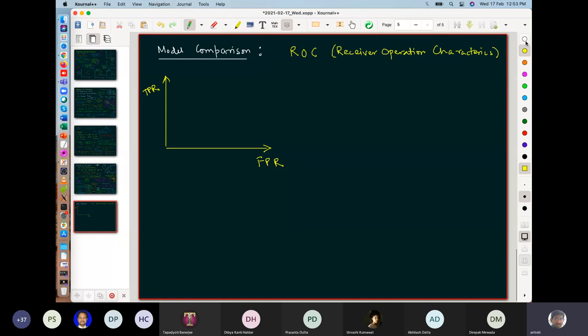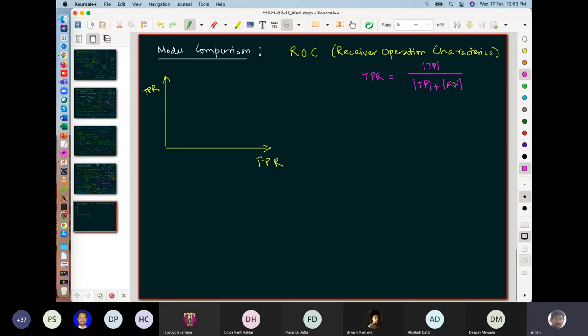So what are the false positive ratio and the true positive ratio? The true positive ratio is the number of true positives divided by how many actual positive classes there are. Those I am making false negatives are actually positive classes.